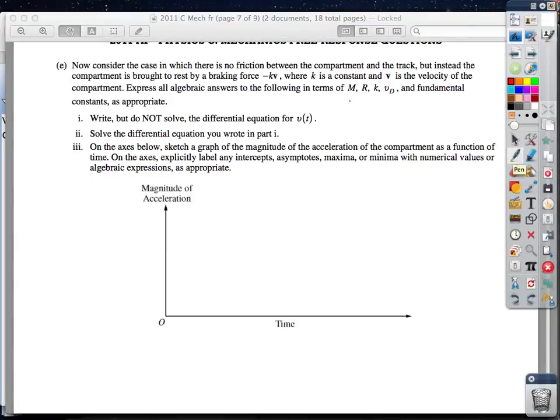So what they did is they said the sum of the forces is equal to ma, so negative kv is equal to ma, which is equal to m dv dt, and then we can separate it into the two statements.